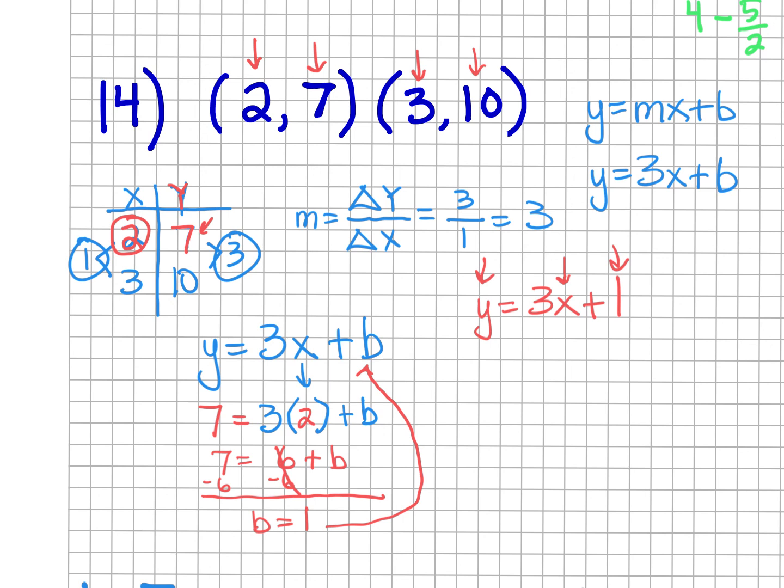Yep, that is the equation that links those 2 points. In both cases, the y value is 3 times the x plus 1. So I figured that out by figuring out the slope and then plugging it into my y equals mx plus b equation to figure out the b.